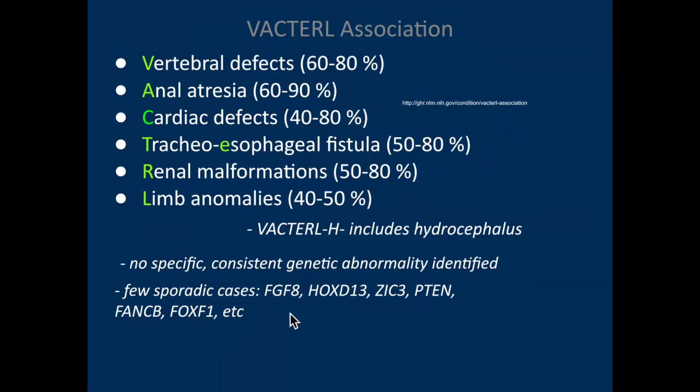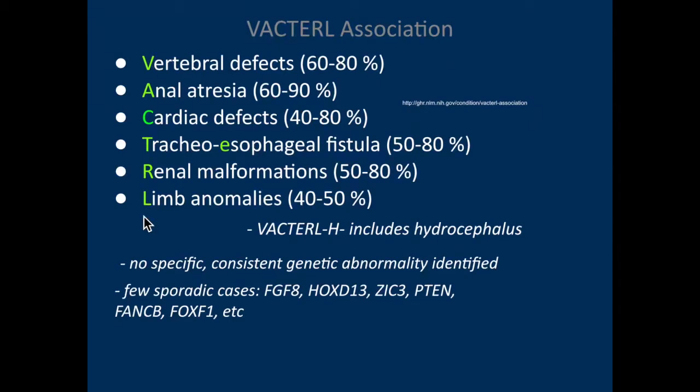There are a few sporadic cases associated with the genes that I've listed above, specifically with some overlap to things like the Fanconi anemia genes, but usually this is just a constellation of findings where you have at least 3 of them, including vertebral defects, anal atresia, cardiac defects, TE fistulas, renal malformations, and limb abnormalities.